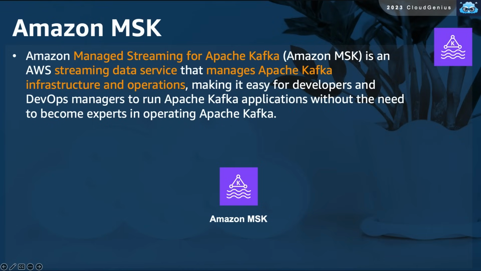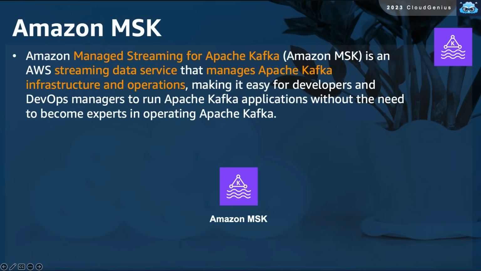It handles infrastructure provisioning, software installation, and scaling for you. Compared to Amazon Kinesis, another data streaming service offered by AWS, Apache Kafka is an open-source solution with a large and active community. This means you have access to a wide range of Kafka-based tools, libraries, and integrations developed by the community.